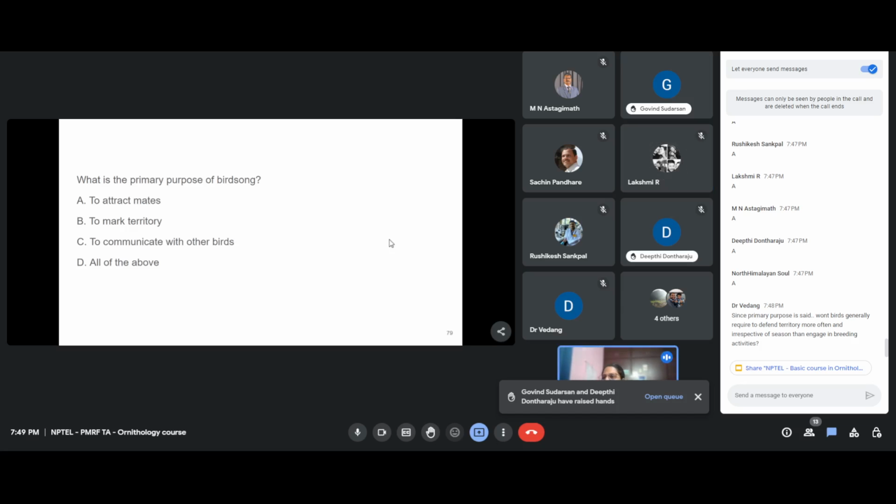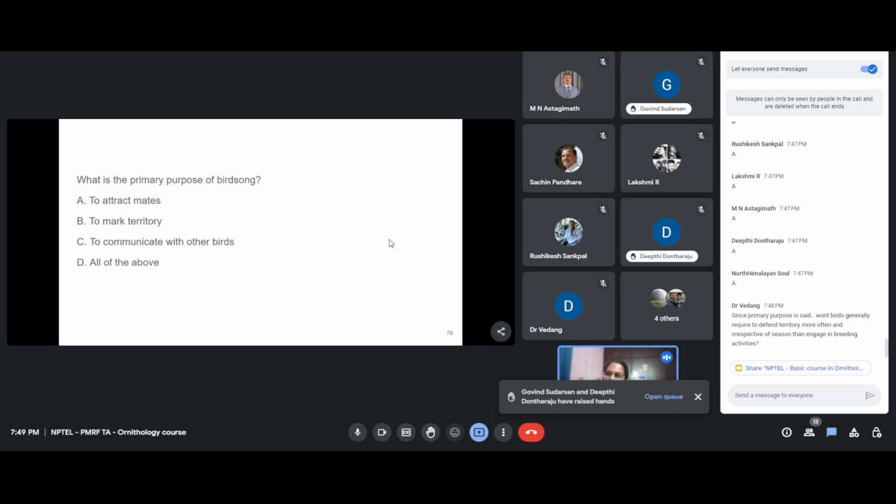I think Vedang puts a good point there. Let's not just go with the question on face value, but I think you bring up an excellent point. There are two parts to this.